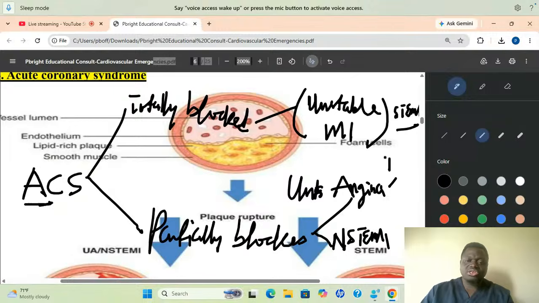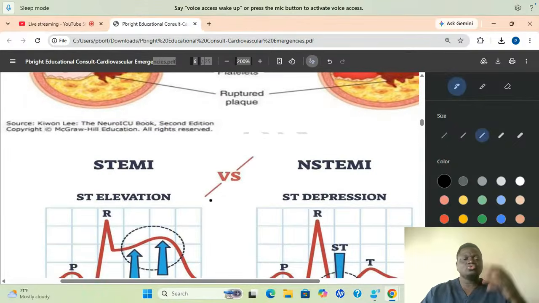In angina, the troponin is always stable, almost like 99% stable. But the NSTEMI has what? The troponin will be shooting up. So these are the things you should also know.